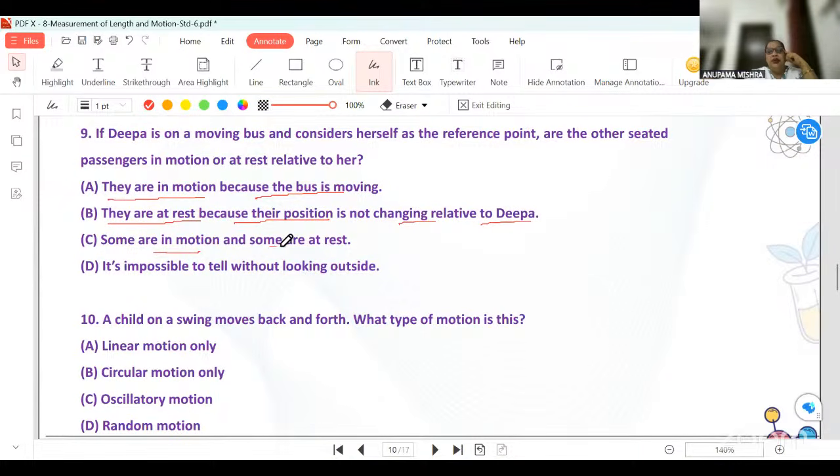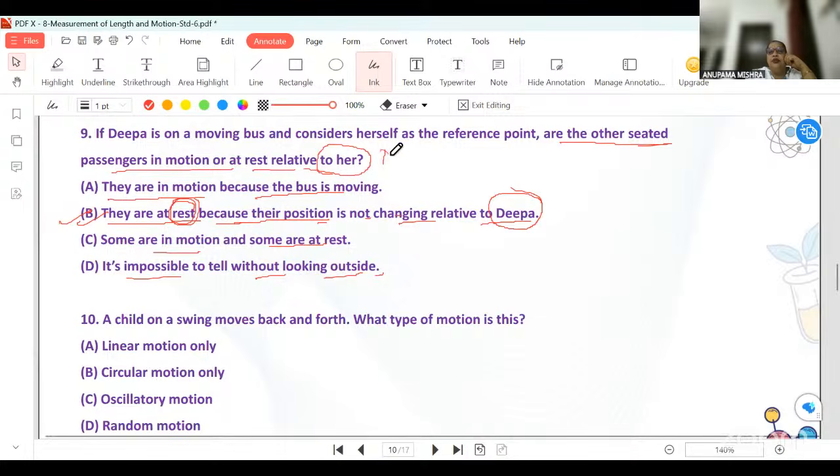Some are in motion and some are at rest, or it is impossible to tell without looking outside. Yeah. The correct answer will be they are at rest because their position is not changing relative to Deepa. It is asking whether the other seated passengers are in motion or at rest relative to her.